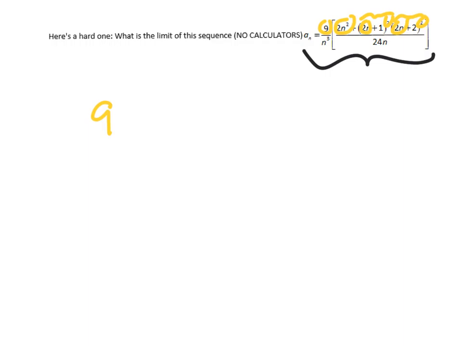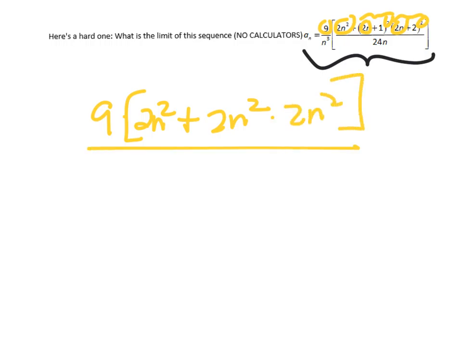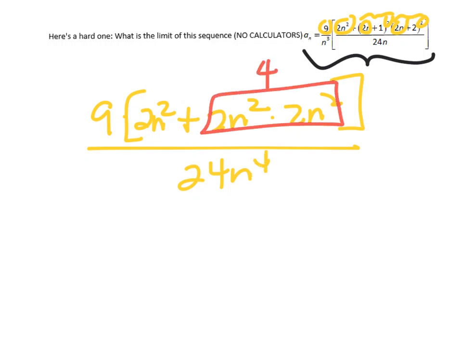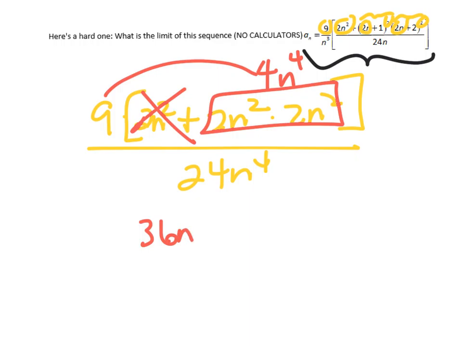So I really don't care about anything else, but I have a 9, I have a 2n squared, plus this will be a 2n squared times 2n squared when you multiply it out, which means these two are going to make a 4n to the 4th when you multiply them out. So really, this is not going to matter either, because that's going to be the larger one. So when I do 9 times 4, I get 36n to the 4th over 24n to the 4th.